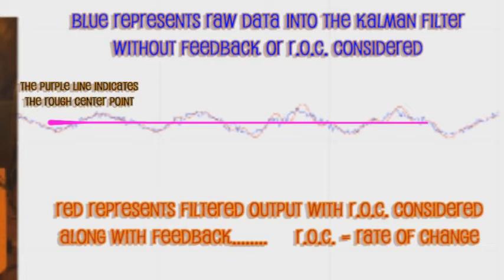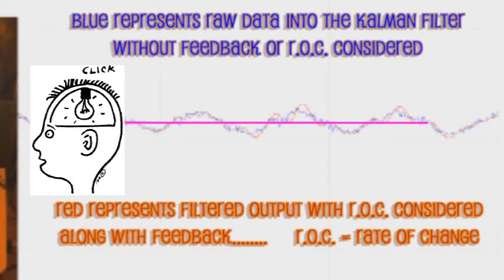Large ROC increases the power output that is delivered with less impact from the sudden sharp movements of the blue raw input. So you can see how the Kalman filter doesn't use any of the sudden sharp movements from the input if the gyro is telling it to hurry up, we have to go this direction.